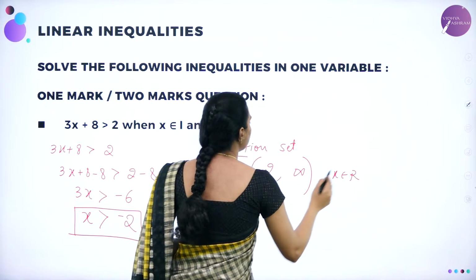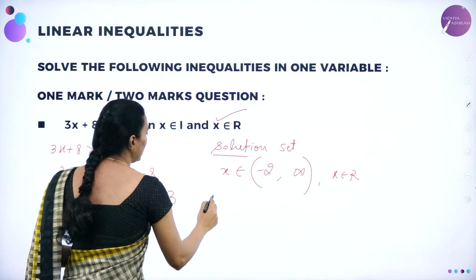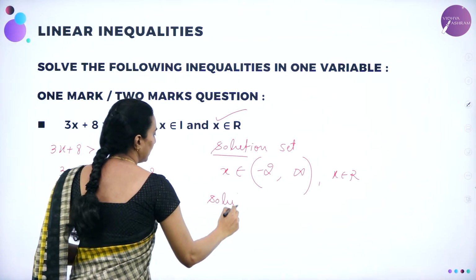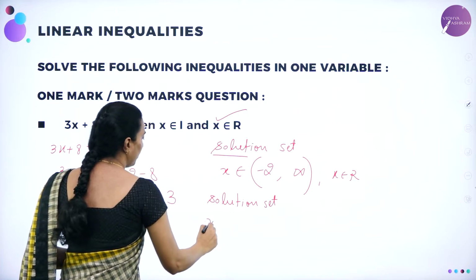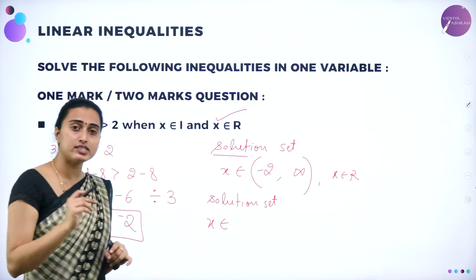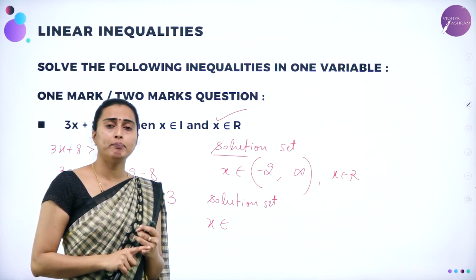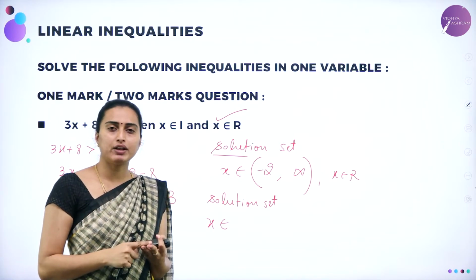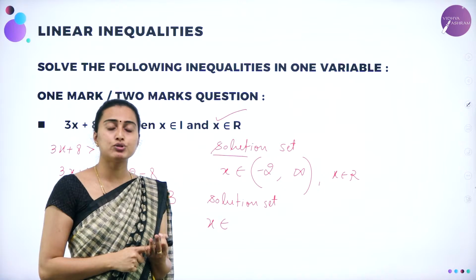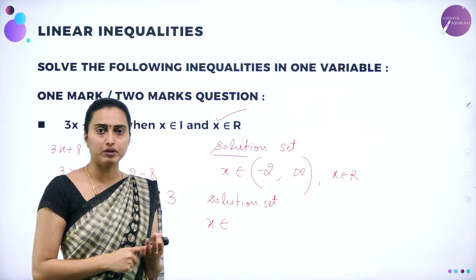Now what is a solution set when x belongs to integer? So solution set when x belongs to integer, that is x belongs to, you are going to write it in a flower bracket, except the real number. If they give whole number, integer, or natural number, x belongs to natural number, you should write it within a flower bracket with some numbers inside.